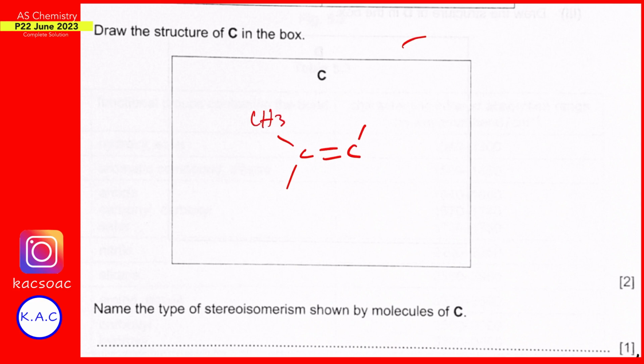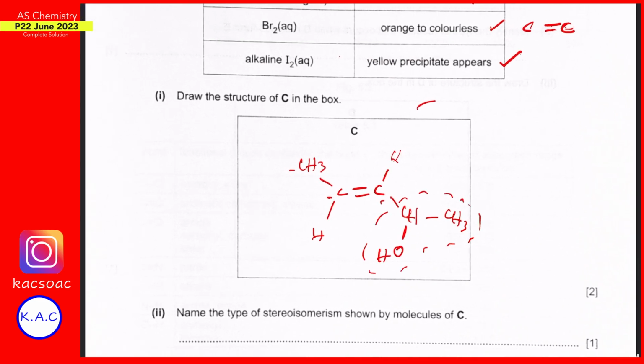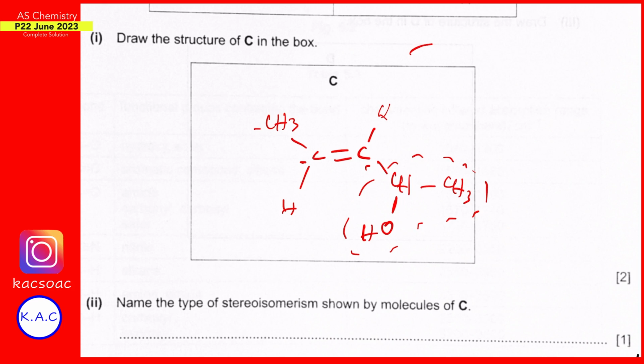So CH3 over here, H over here, and H over here, and 1, 2, 3 carbons, and CH2, CH3, and I'm going to make an alcohol that will give a positive iodoform test, that is this one. So this is the methyl alcohol, and it will give a positive alkaline aqueous iodine test. So this is showing cis-trans isomerism.